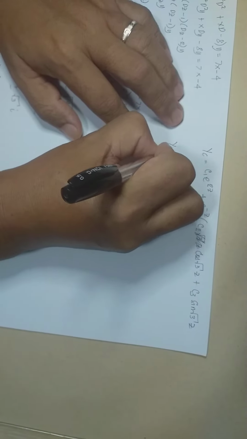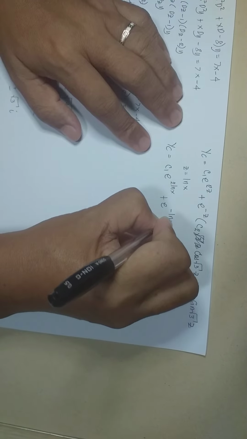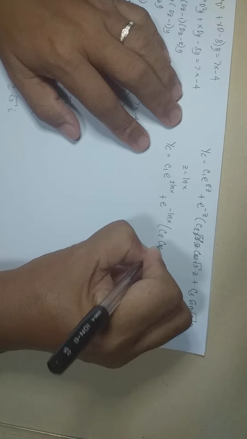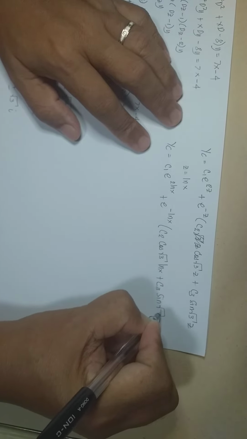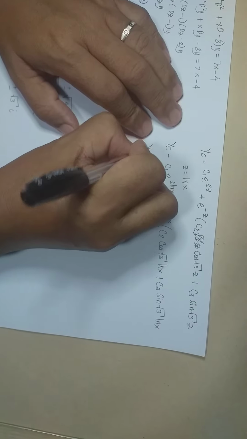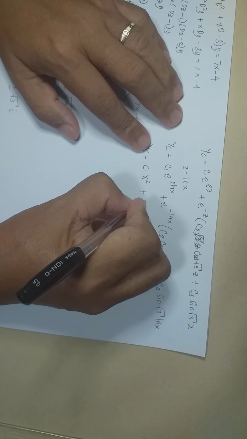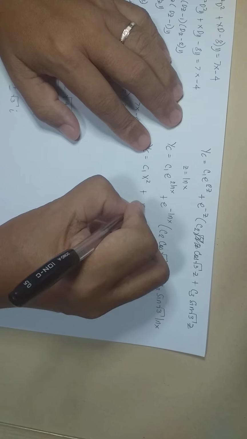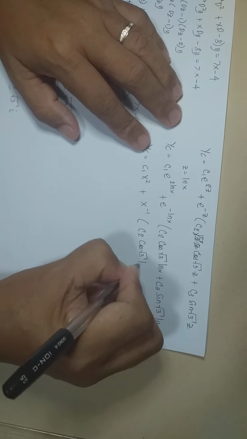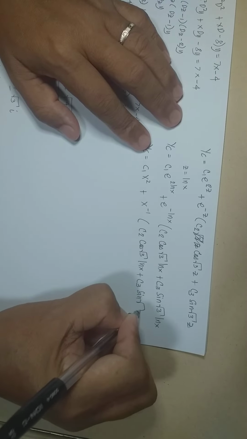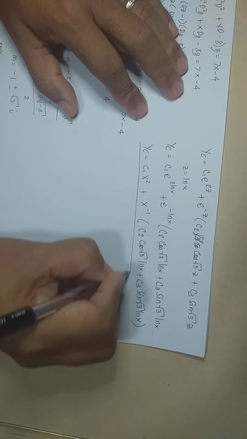So we have yc is equal to c sub 1 e to the 2 ln of x plus e to the negative ln of x times c sub 2 cosine the square root of 3 ln of x plus c sub 3 sine the square root of 3 ln of x, or yc is equal to c sub 1 x squared plus e to the negative ln of x, or x to the negative 1, c sub 2 cosine the square root of 3 ln of x plus c sub 3 sine the square root of 3 ln of x. That'll be yc. So let's keep this for now.